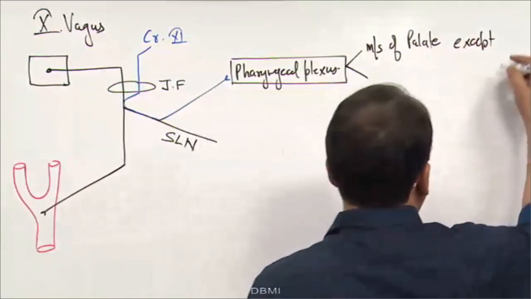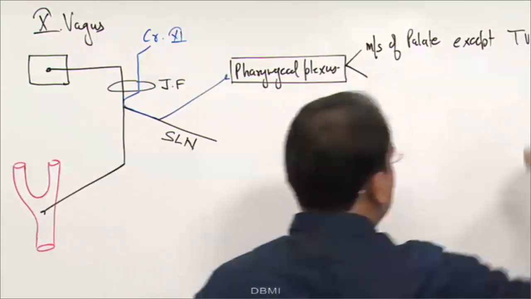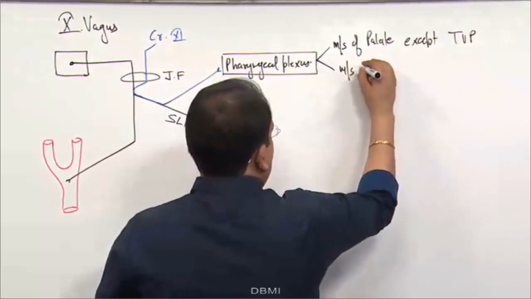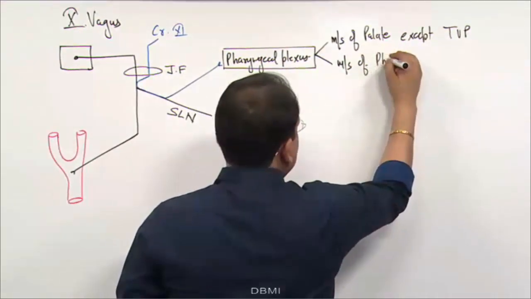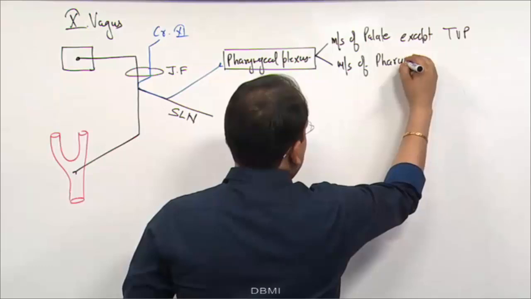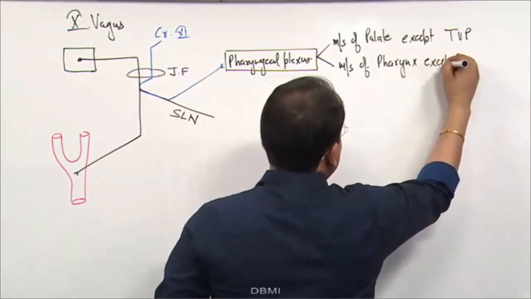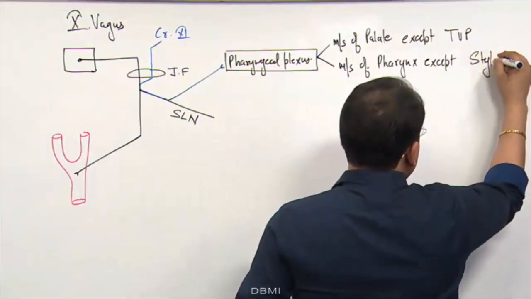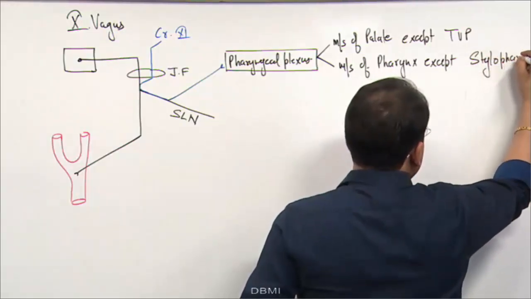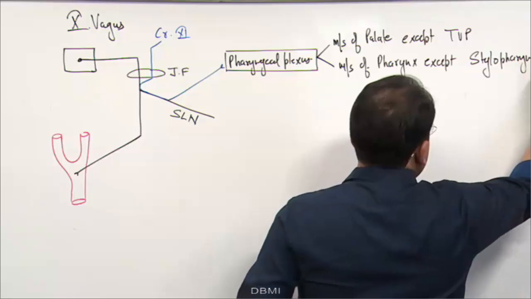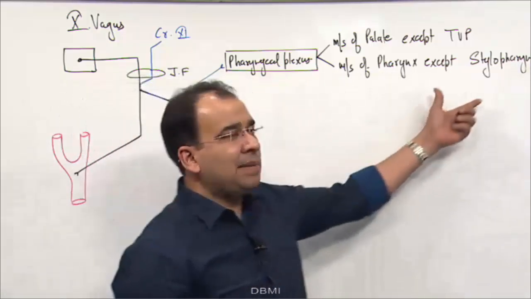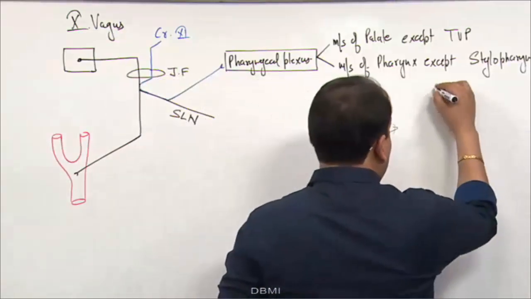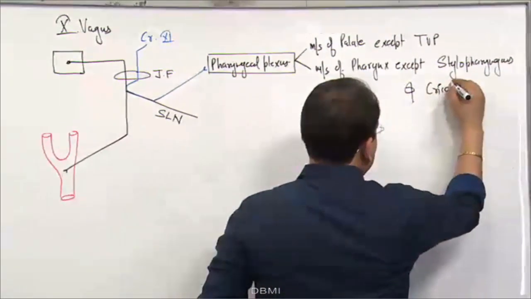So muscles of palate except tensor veli palatini, and muscles of pharynx, except the one which is supplied by the glossopharyngeal nerve, that is stylopharyngeus. Stylopharyngeus is supplied by what nerve? That is the glossopharyngeal nerve. Muscles of pharynx except stylopharyngeus and cricopharyngeus.